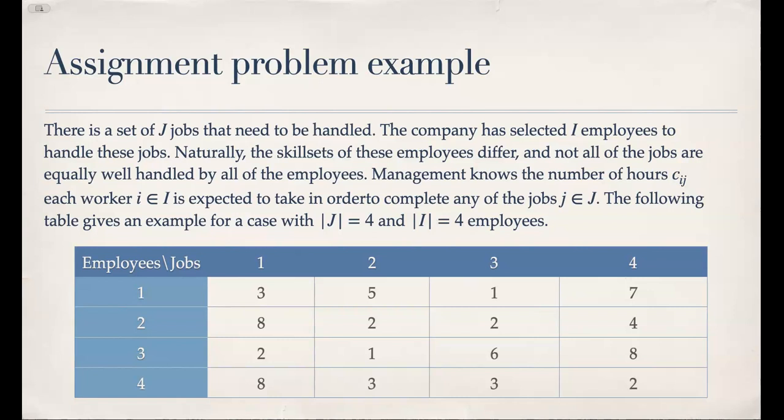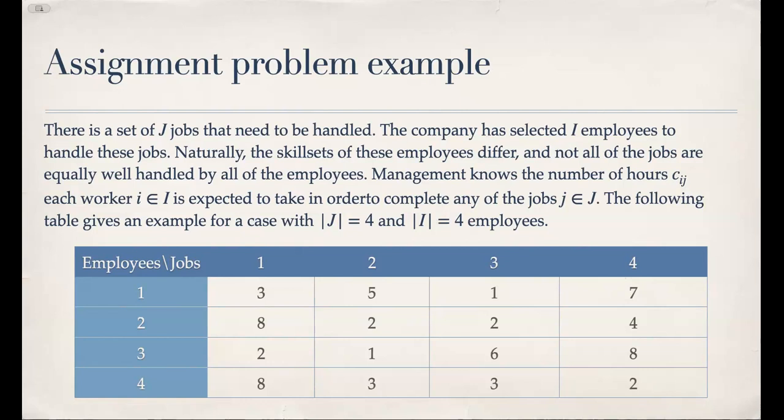The following table gives an example for a case when J is 4 and I is 4. We have 4 jobs, job 1, 2, 3, 4, and we have 4 employees.